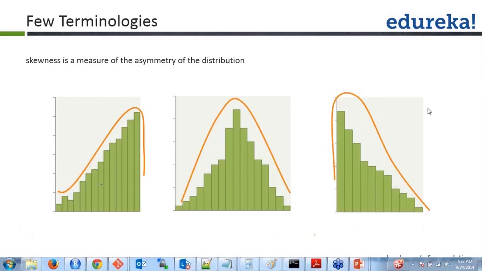Okay, so what we are saying here is that this x-axis has different heights, so let's assume the heights vary from 5.0 to say 7, and the y-axis is the number of people who have this particular height.